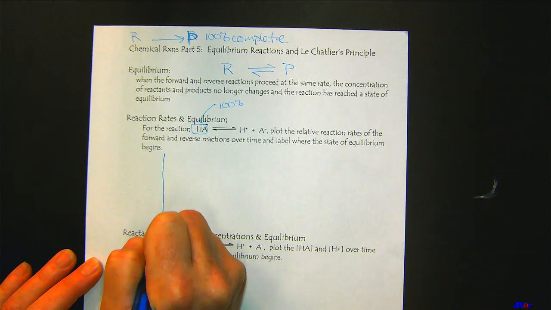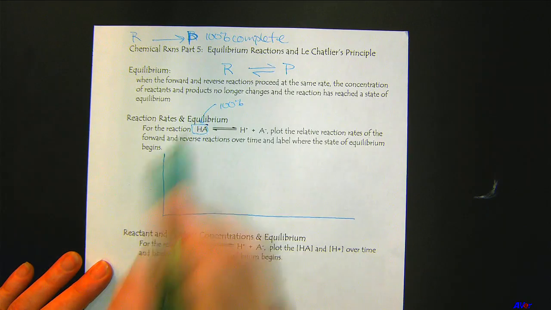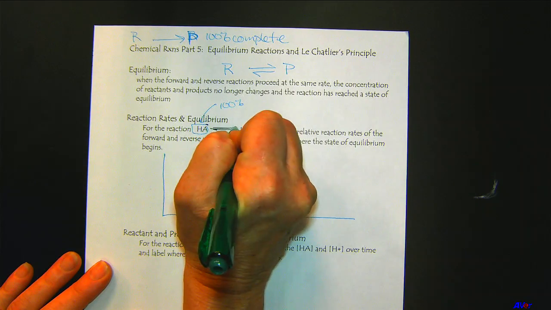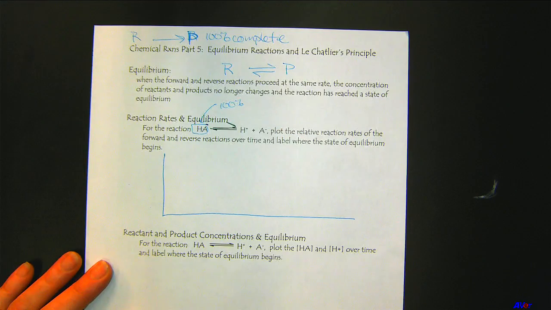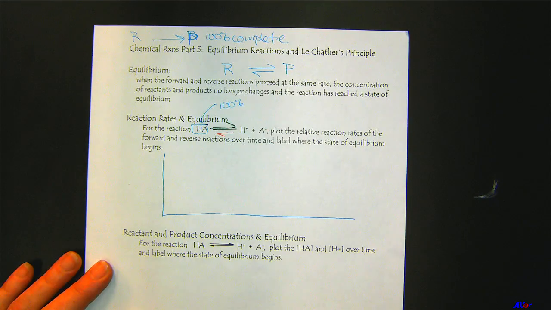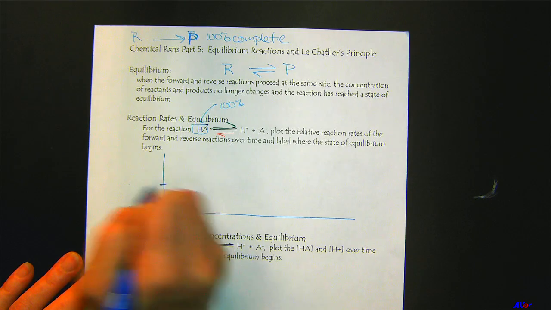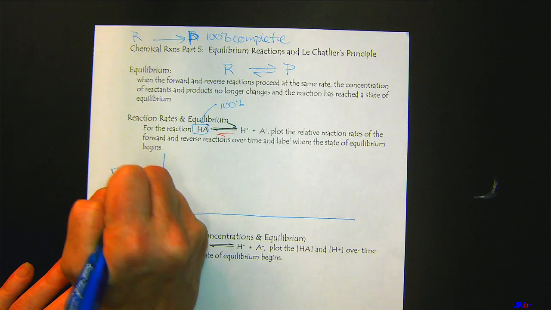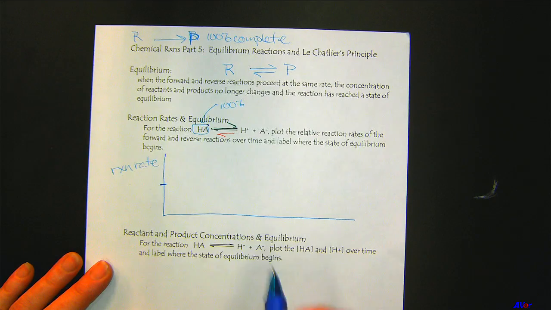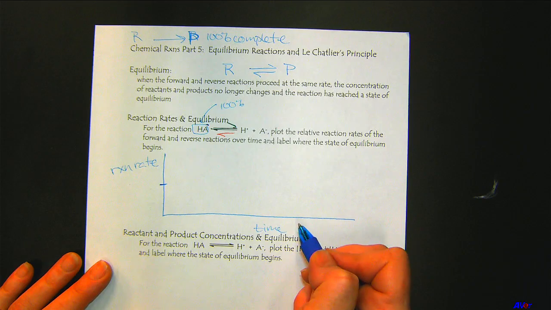We'll make a graph here. For the forward reaction, we'll use a green arrow, and for the reverse reaction, we'll use a red arrow. This will be our reaction rate on the y-axis, and this will be time on the x-axis.